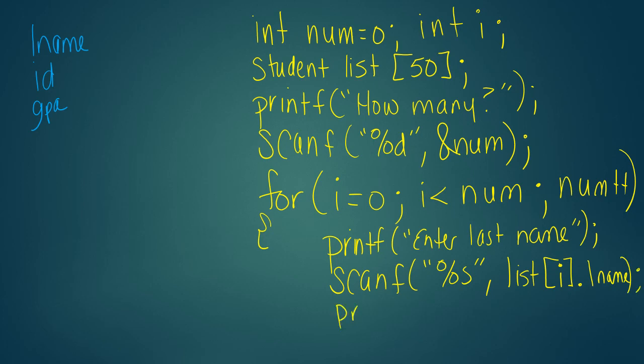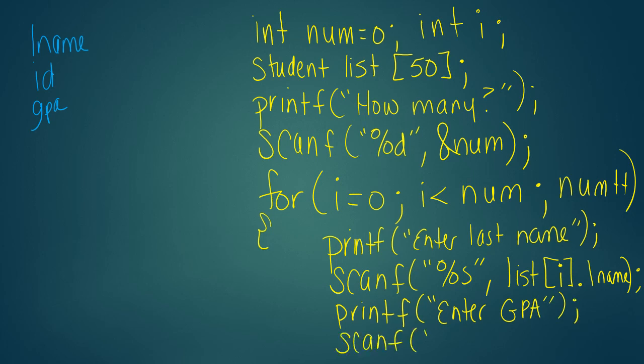And I will do one for the GPA as well. I don't have the space to do the ID, but you get the idea. So depending on how many items are in my list, I would want to fill it up field by field.